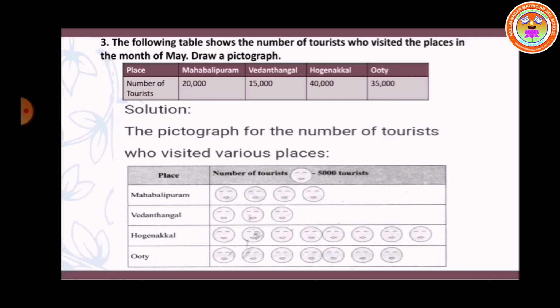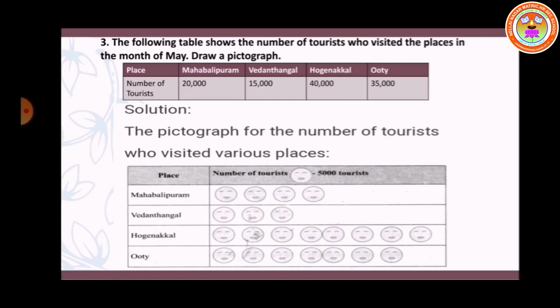Number of tourists, one smiley face represents 5,000 tourists. In Mahabalipuram, how many tourists? 20,000. So 20,000 divided by 5,000 is equal to 4. So you have to draw 4 smiley faces. Next, Vedanthangal, 15,000. So 15,000 divided by 5,000 is equal to 3. So you have to draw 3 smiley faces.